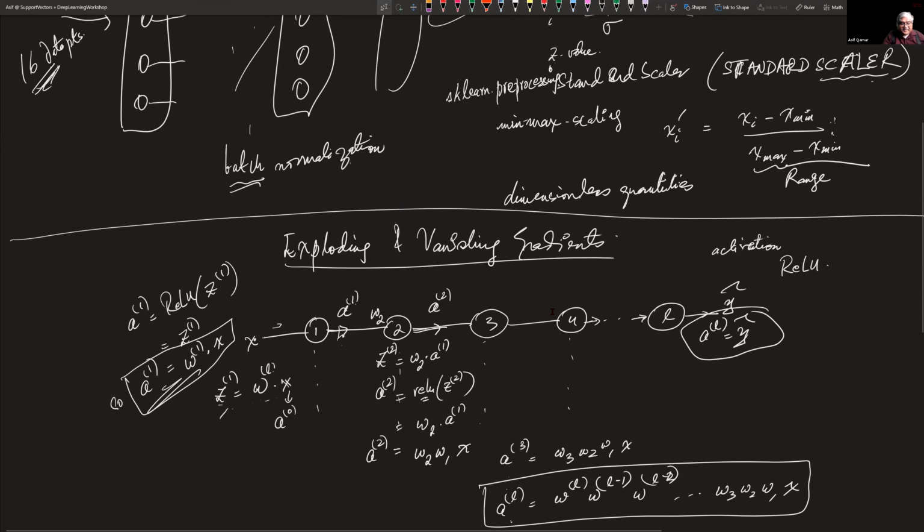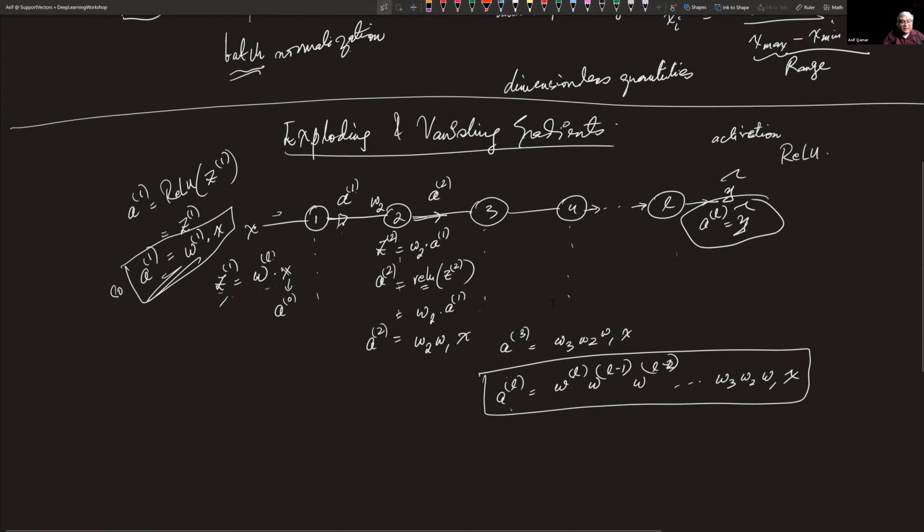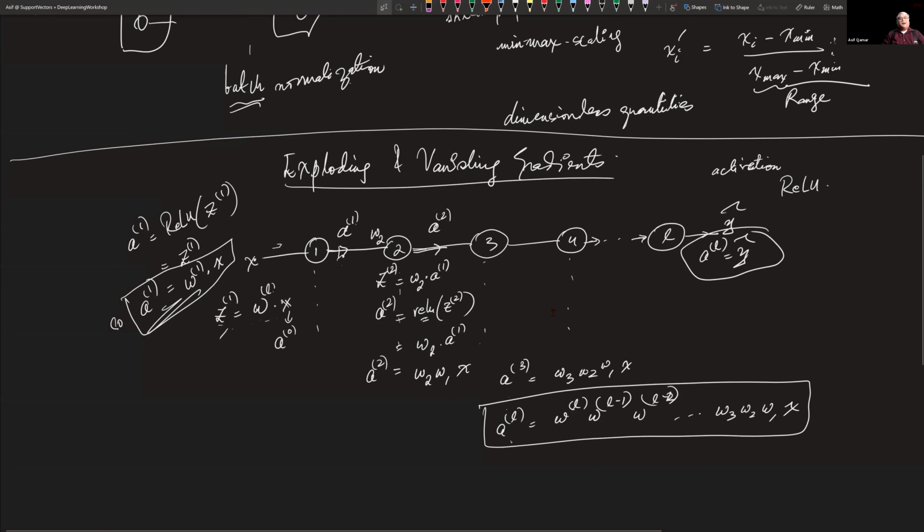And now comes an interesting thing. Let us say that these weights are positive. They are all positive. And just for argument, let us say that they are some small number greater than 1. If W is greater than 1, then each of the Wi's is greater than 1.